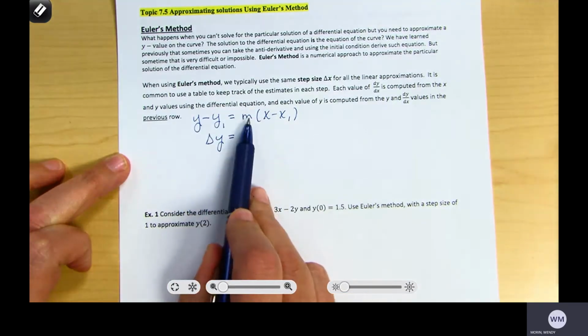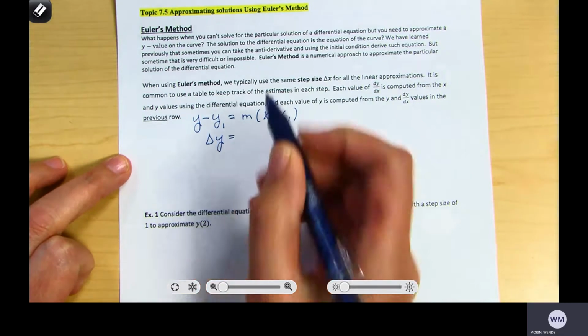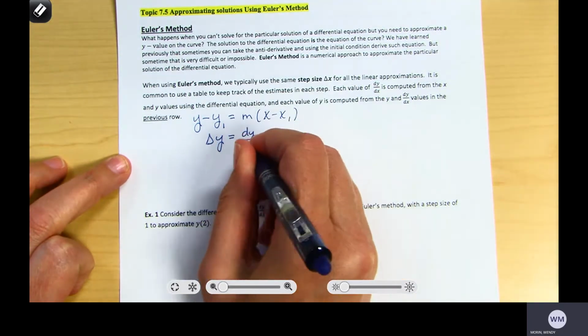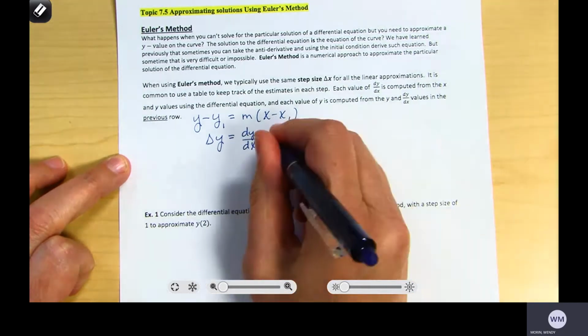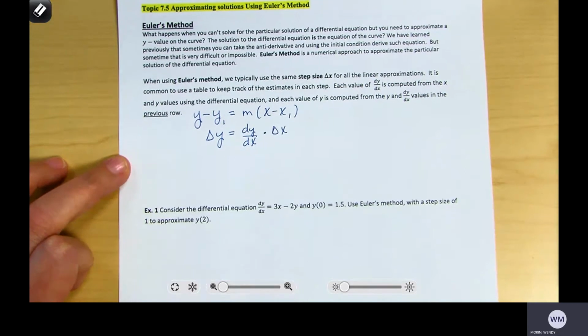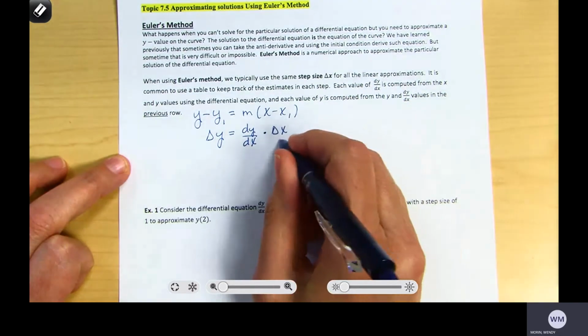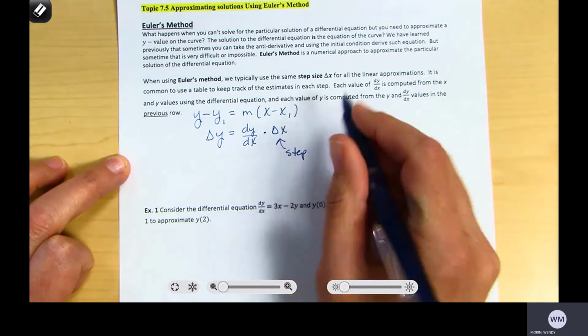And let's call slope. What is a calculus notation for slope? Well, that would be dy dx. And then this is change in x. So we're just going to call that delta x. Okay? This change in x will be given, or you're going to find it.